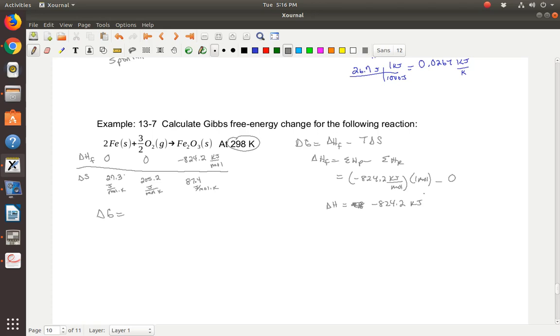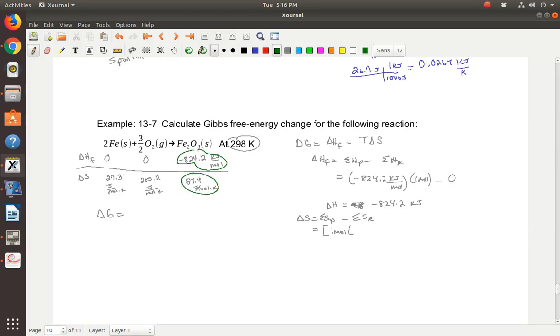Okay, now that I have that, I just got to calculate the delta S, which is the sum of the S of the products minus the sum of the S of the reactants. So products, this time we have 1 mole, and that's the formation.